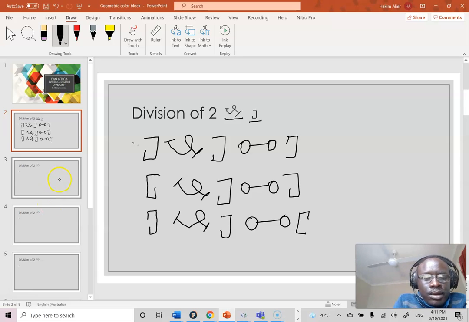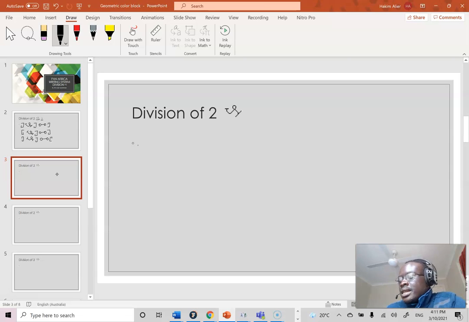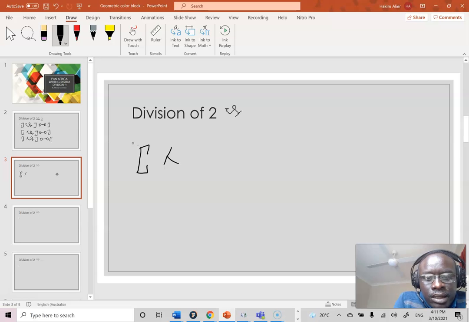So now after 6 we're going to continue on with 8. 8 is written this way. So 8 and division, you know it's written this way. That is division, divided by, and you're going to write it by 2.